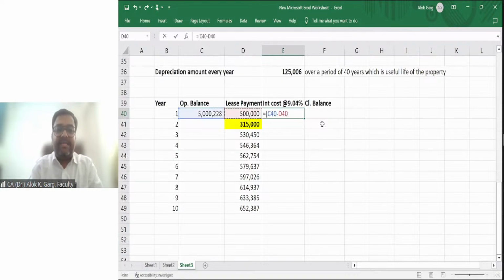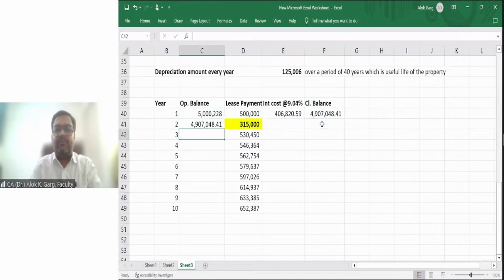Opening liability minus the beginning of the year payment, multiplied by 9.04%. This is my interest cost. And what is my closing balance? Opening liability minus lease payment plus interest cost. This will become the opening balance for me in the second year.